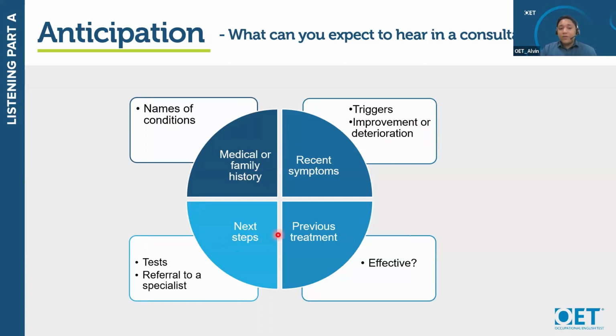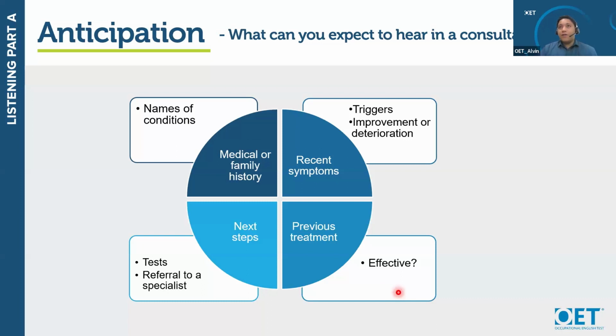For the next steps, you might hear about the tests and a referral to a specialist, right? Or for previous treatment, maybe there is a question if it's effective or ineffective, or it is about assessing the success or failure of the past treatments to inform future care plans, right?